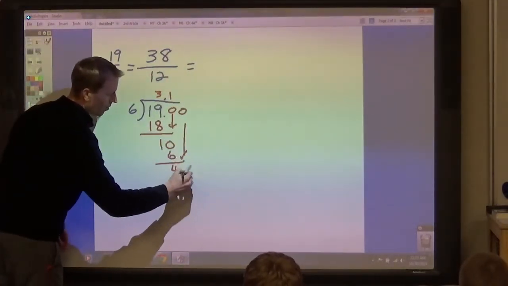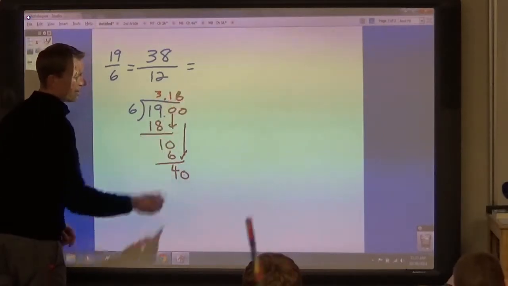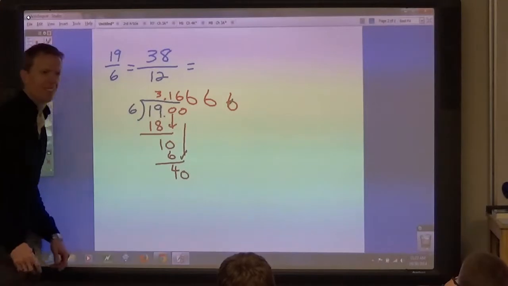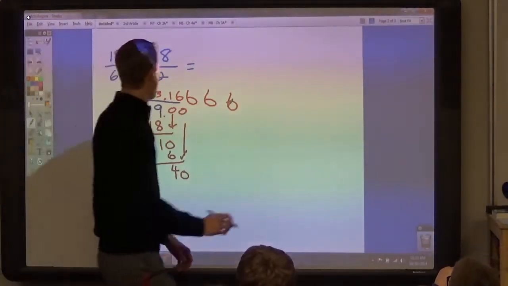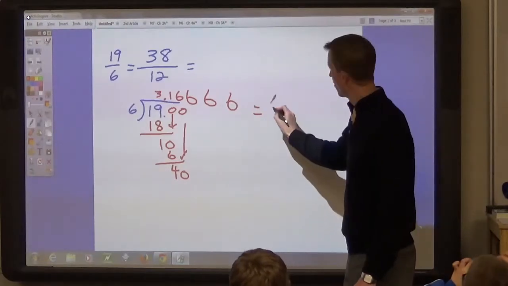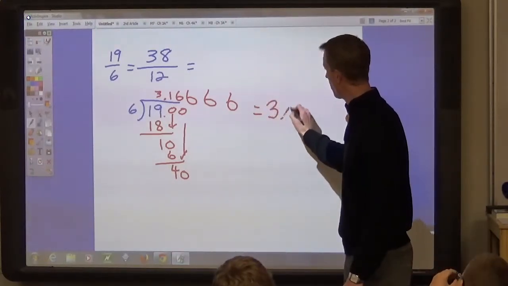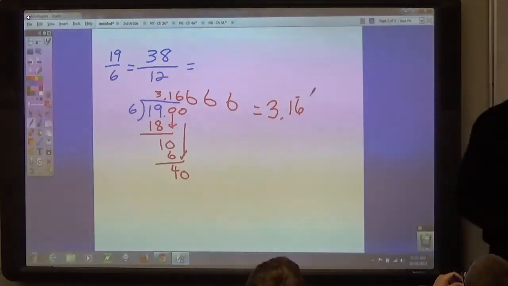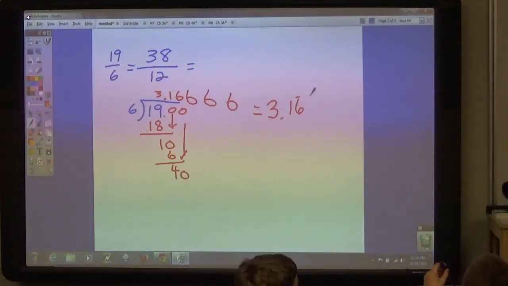Bring down the 0. 6, 6, 6. That's weird. So 3.16 with the repeating sign on the 6. There's not enough paper in the world to draw as many 6s. All right. Have fun.